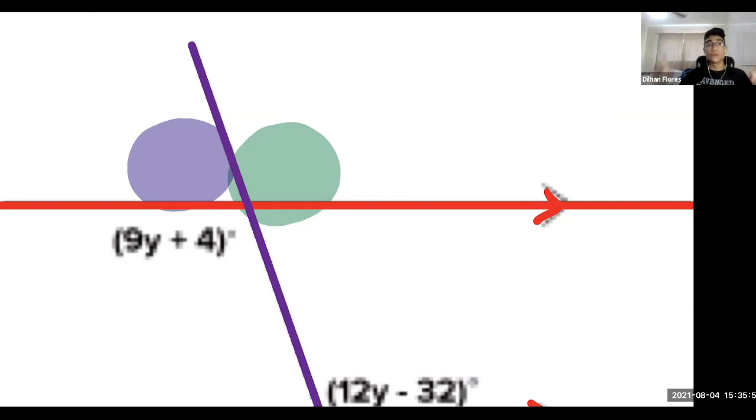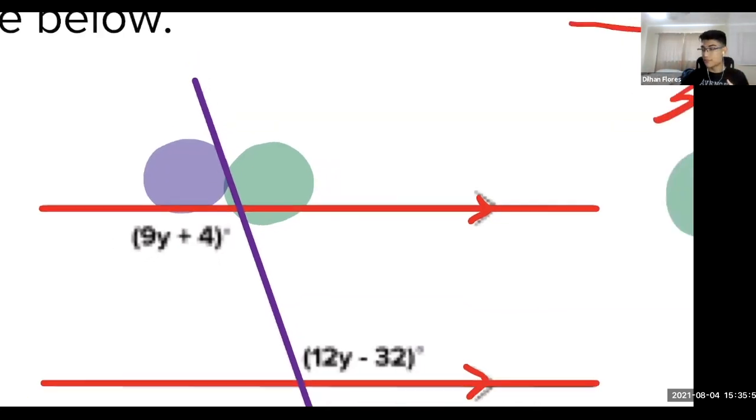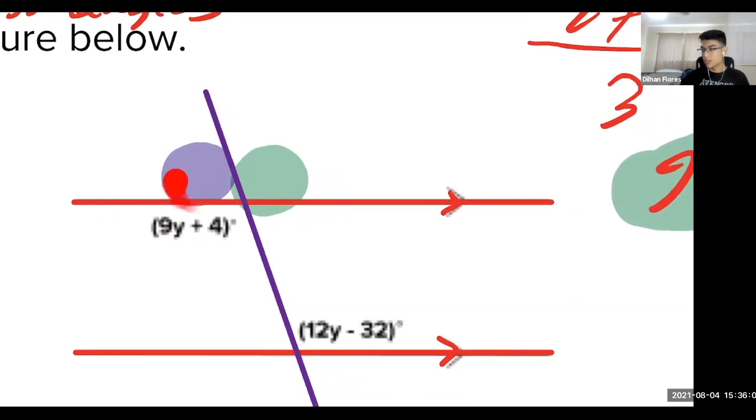What's crazy though is that this intersection, these angles, happen because this line is cutting through this specific line.